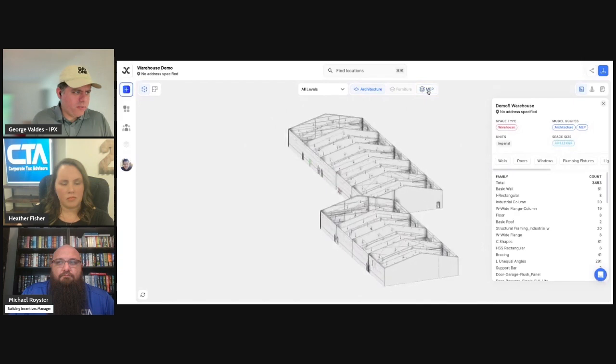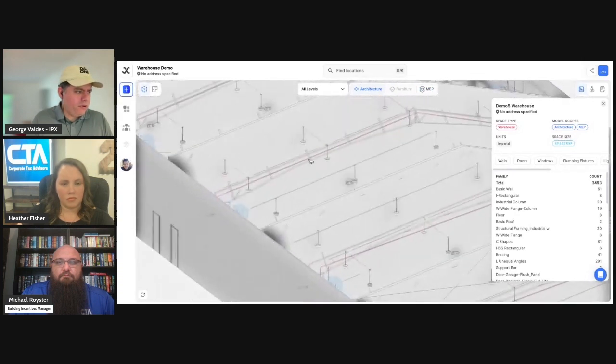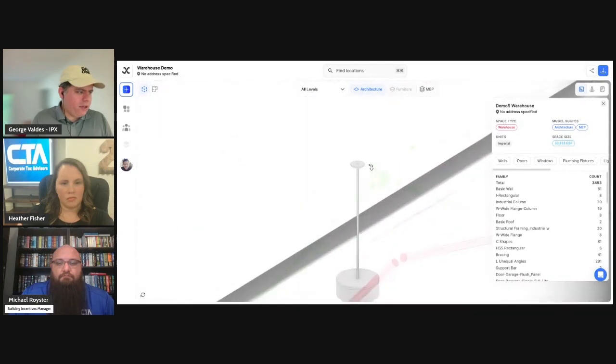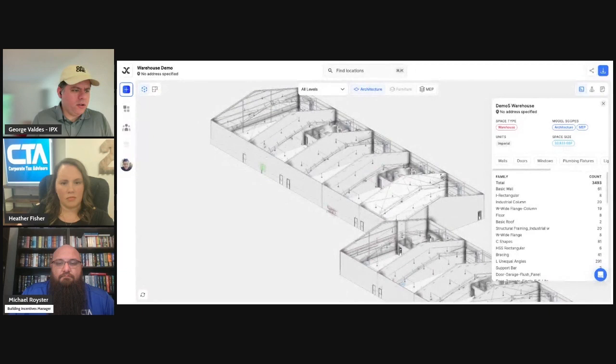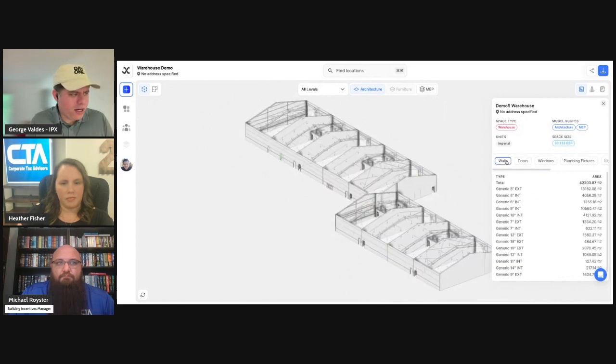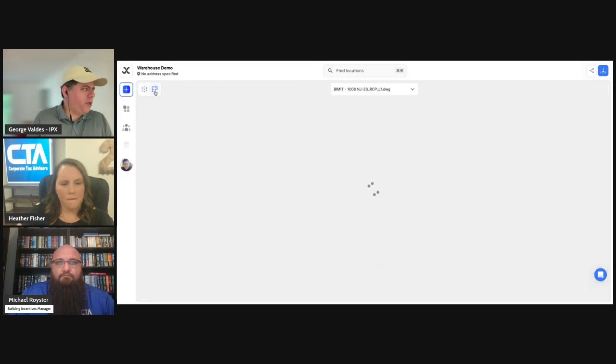You'll be able to notice a couple of things. We can easily zoom in. We can see everything, to the smallest level of detail. We have a schedule on the right-hand side, which includes every single element, and we can highlight where those are. You'll also notice on the left-hand side here, floor plan.